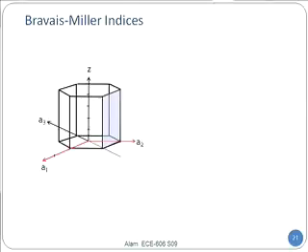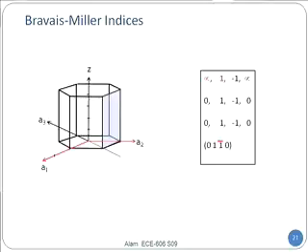So then, how would I describe this surface in these coordinates? This is how I'll do it. If you look at the A1 axis, the surface is such that if you extended it, it will never cut A1 in this particular case. So therefore, it cuts A1 at infinity. So the first index is infinity. What about A2? Well, it cuts A2 at position 1.